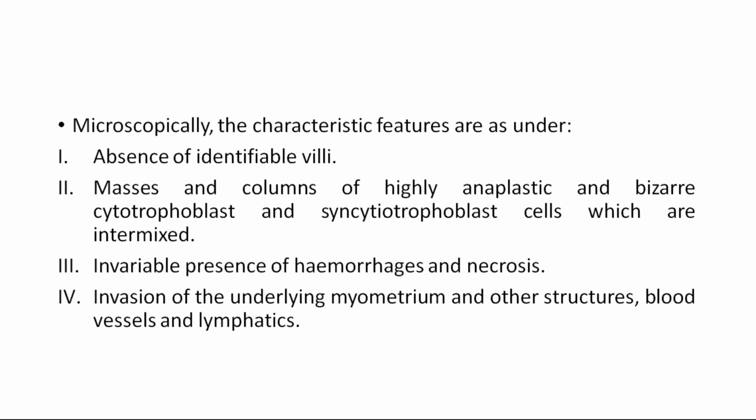And hemorrhage and necrosis, which might be present or absent. Not all cases of molar pregnancy have hemorrhages and necrosis. Invasion of the underlying myometrium and other structures, blood vessels and lymphatics, which is seen in invasive mole, which is a subset of complete mole.